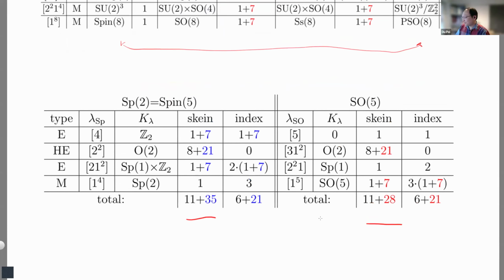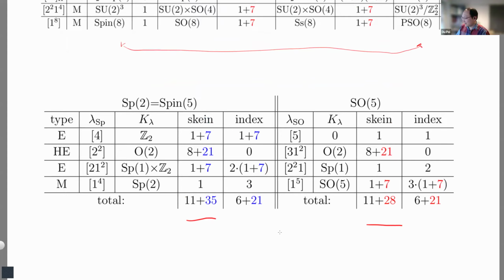So why is this happening? There can be different explanations. One is that this is a physics computation and it involves some hypotheses. Maybe some of the hypotheses are not valid in these cases. But I'm inclined to believe that this is actually a meaningful difference, because from physics, one would argue that Langlands duality would not necessarily hold.